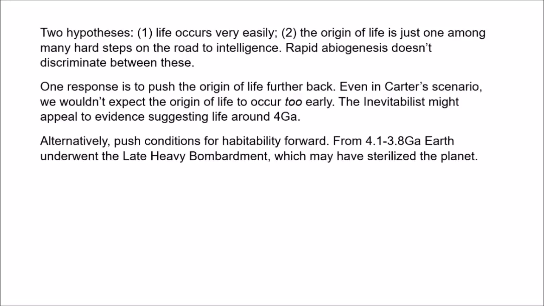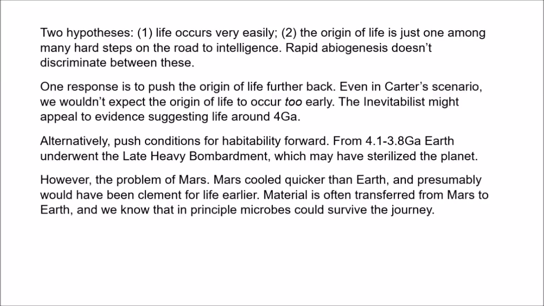And furthermore, both of these responses face the problem of Mars. Mars cooled quicker than Earth, and so would have been clement for life sooner. Now, Earth and Mars are not quarantined. Through asteroid impacts, material is transferred between Earth and Mars, and we know that some microbes could in principle survive the journey.